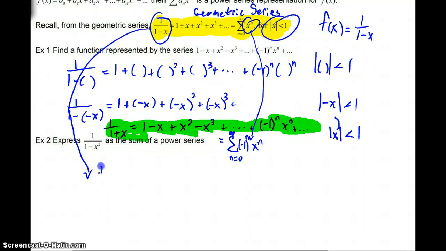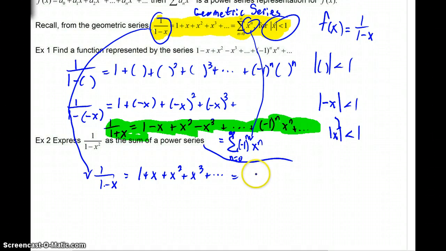We had 1 all over 1 minus x was equal to 1 plus x plus x squared plus x cubed. We said that this could even arrive at a sigma. We could say that this was from n equals 0 to infinity of x to the n, and this was for the absolute value of x less than 1.